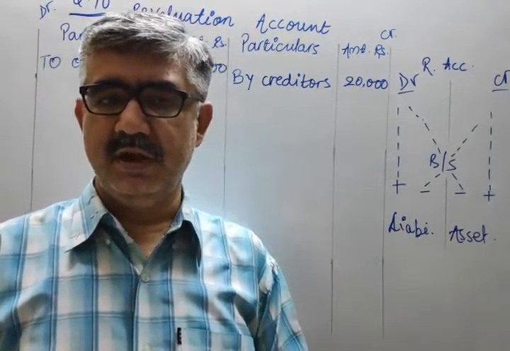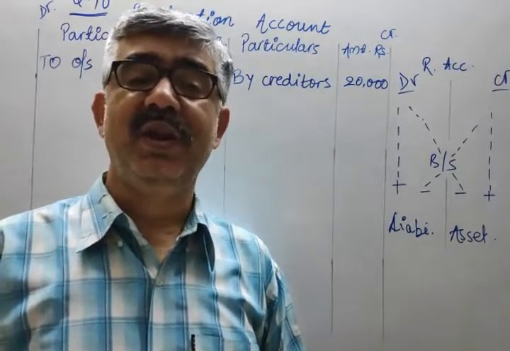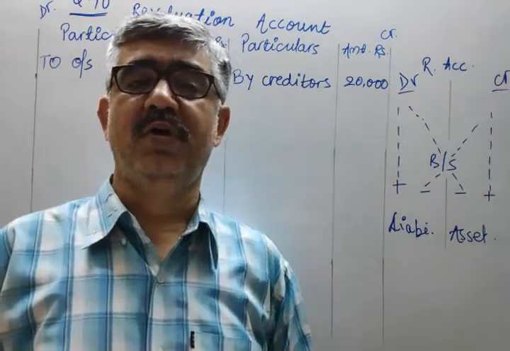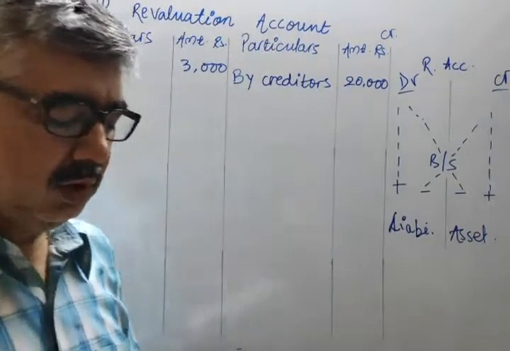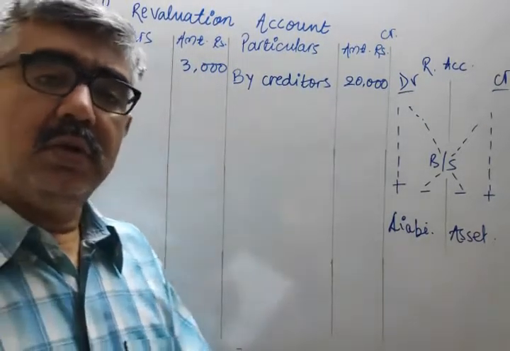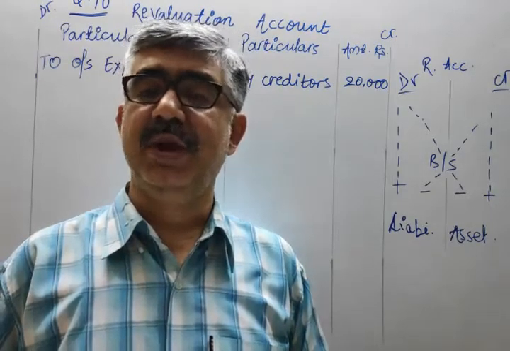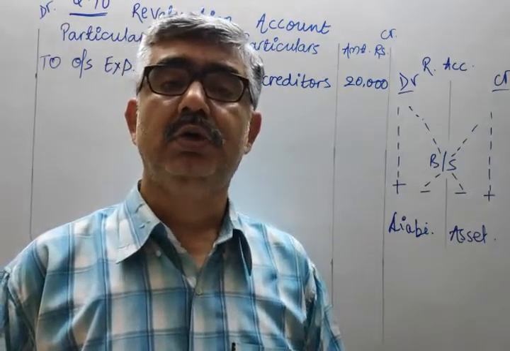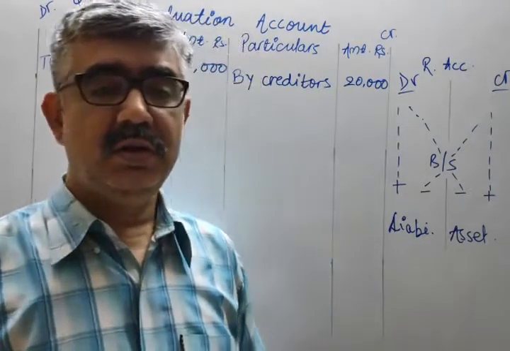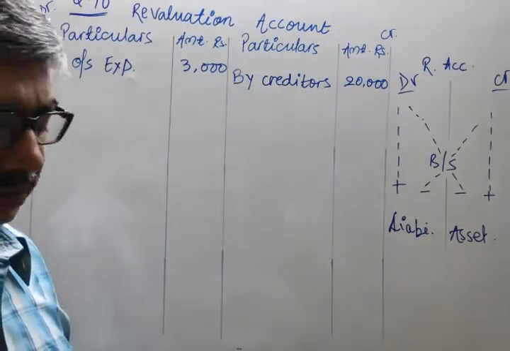Now on the asset side, so many adjustments, but when it's very easy, don't go for the quantity. First, land. The adjustment is the value of land is to be increased up to 2,50,000. Now take care. The land value is 1,80,000.